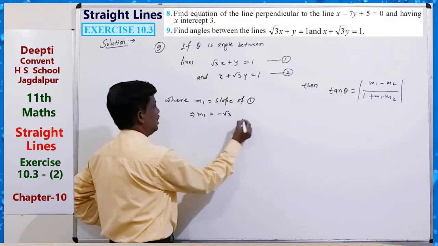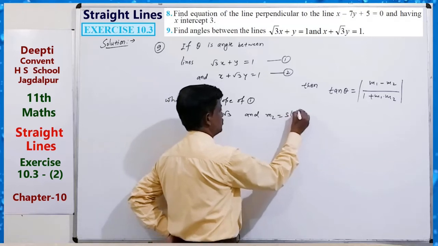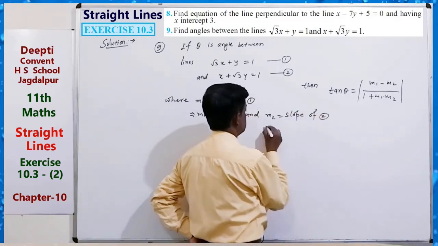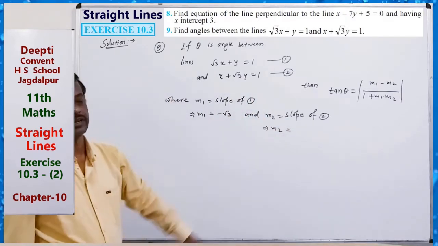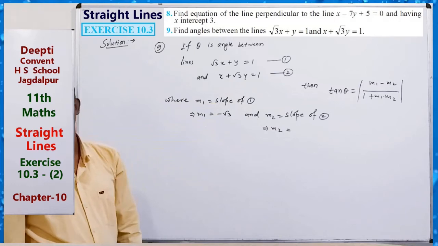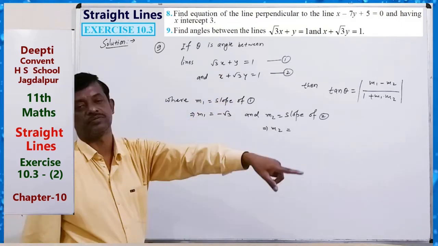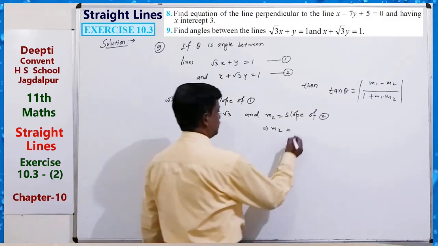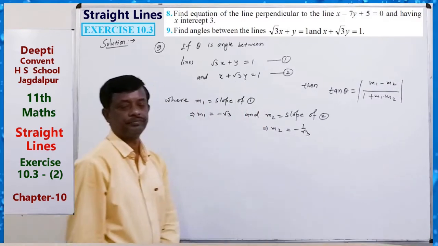And m2, the slope of line 2, is equal to what? Here we can see that y equals minus 1 by root 3 x. Just divide by root 3 and transfer x to the right hand side. So m2 is minus 1 by root 3.